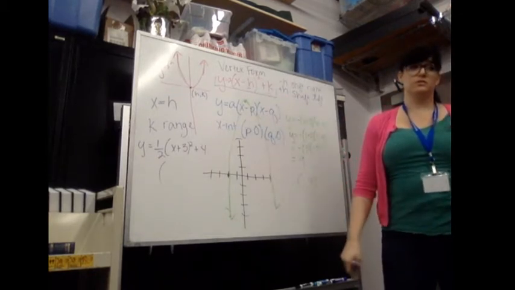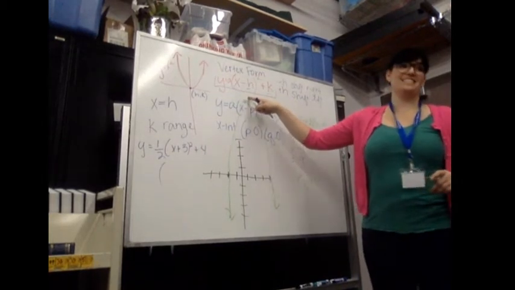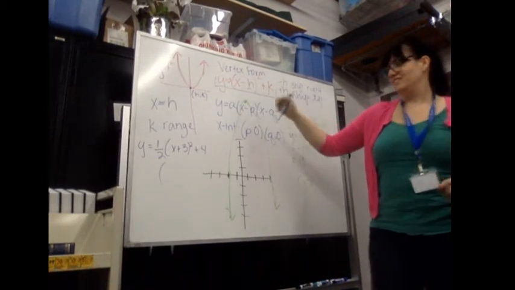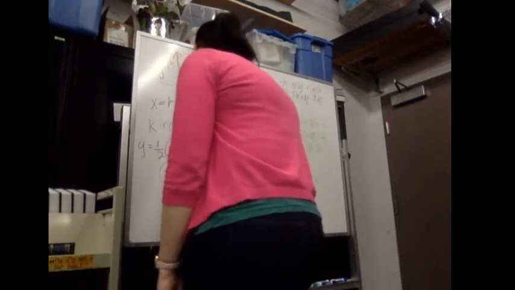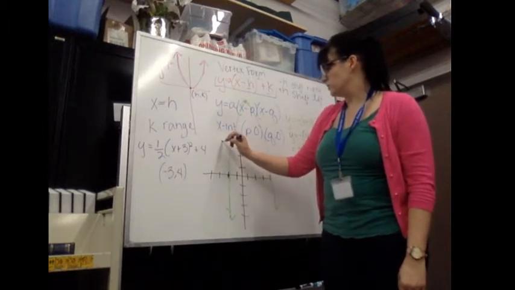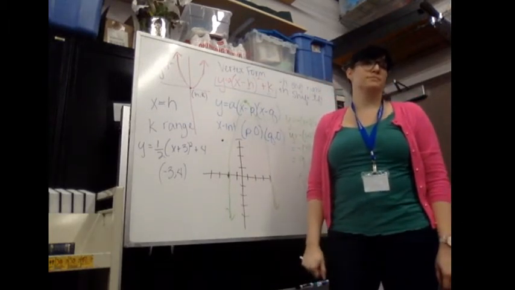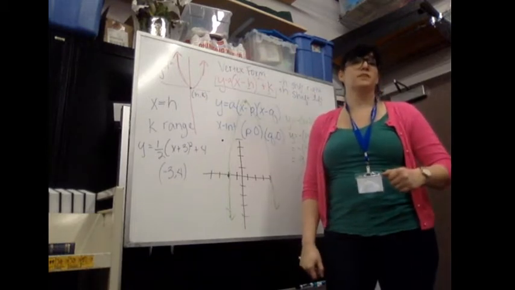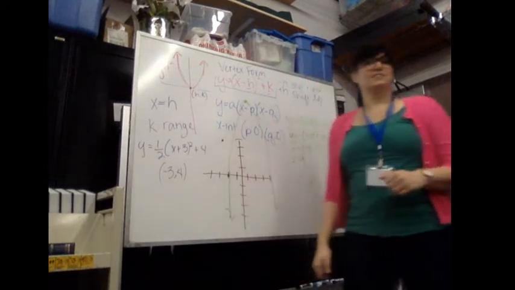Close. x minus h. Oh. Negative 3 and 4. Negative 3 and 4. So my vertex is 1, 2, 3, 1, 2, 3, 4. Will it open up or down? Up. Why? Positive A. Yes, because A is 1/2. It's positive.